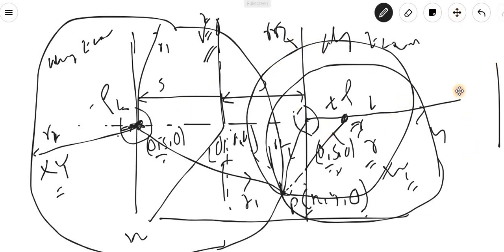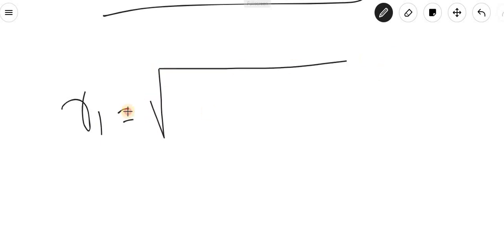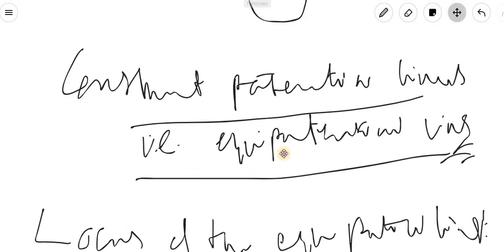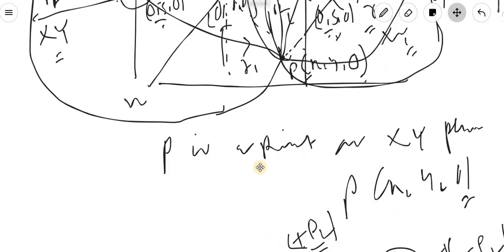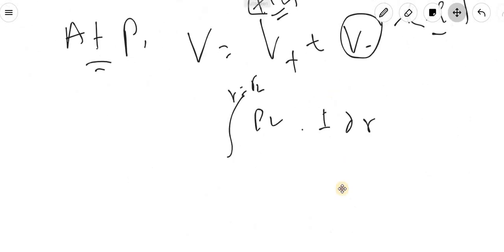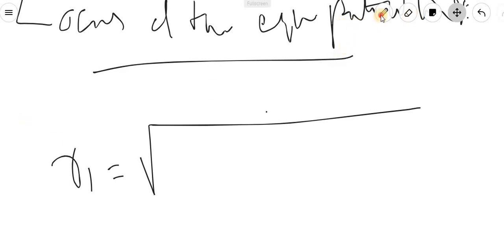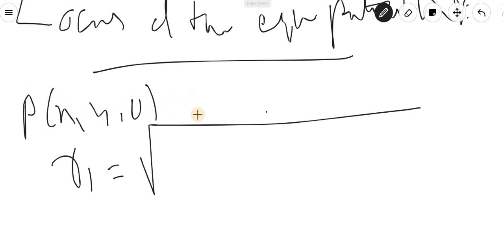R1 and R2. So now from that equation, what will be R1? It is the distance between P, which is (x, y, 0), and the point (0, minus S, 0).